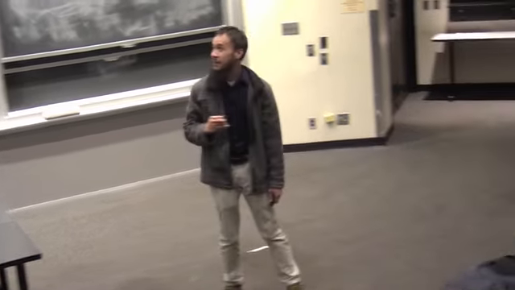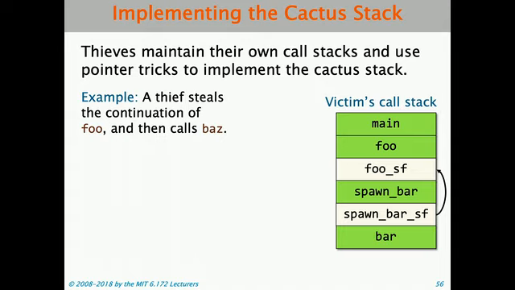Well, let's take a hint from the slide we have so far. The example that's going to be shown is that the thief steals the continuation of foo, and then the thief is going to call a function baz. So if the thief is using the victim stack, and then it calls a function baz, what goes wrong? The victim has called something, then underneath there is some other function stack, and if we call baz, then we overwrite that.